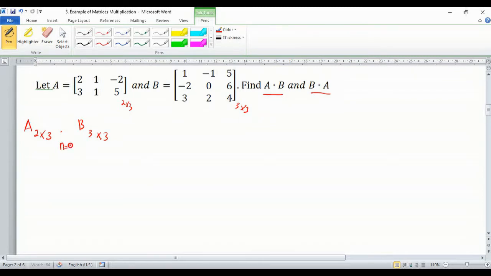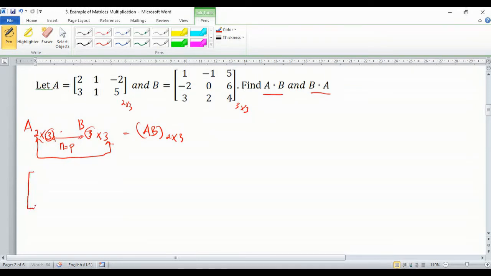N is 3 and P is 3, so we can continue to find the matrix AB. What is the dimension of AB? Matrix AB has dimension 2 by 3.